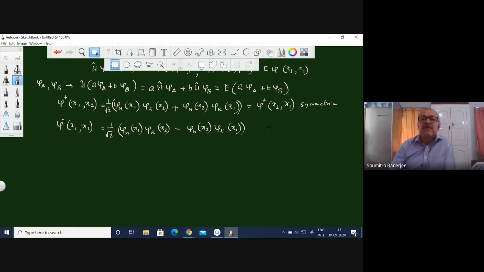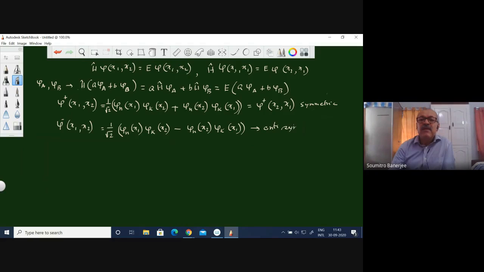So this is symmetric and this is antisymmetric. So we have been able to define things that are symmetric and antisymmetric.